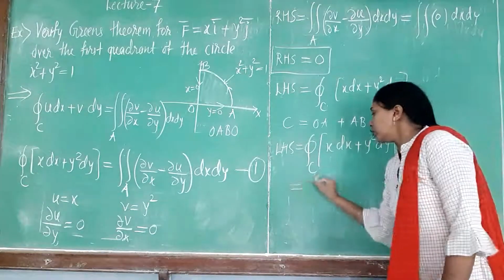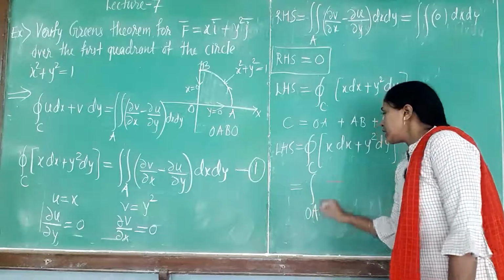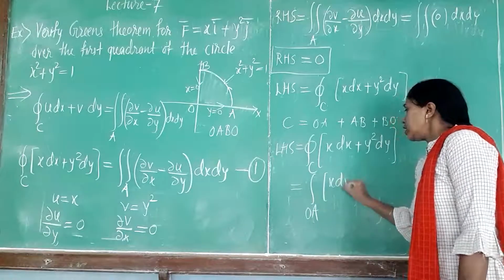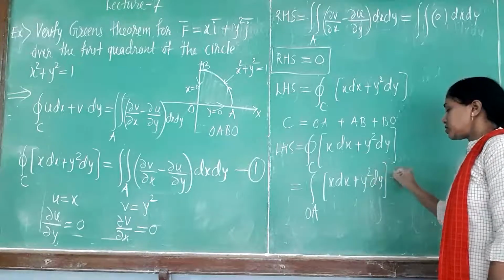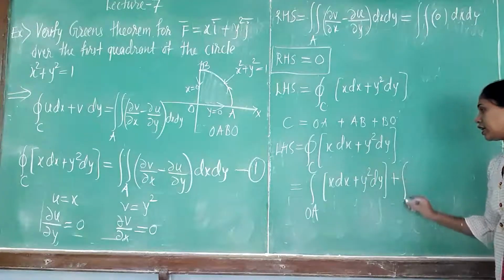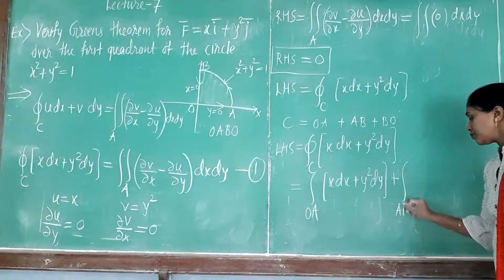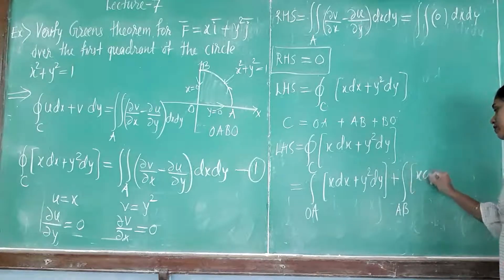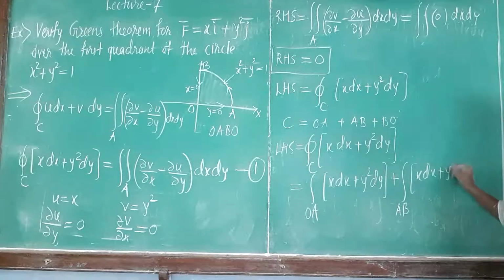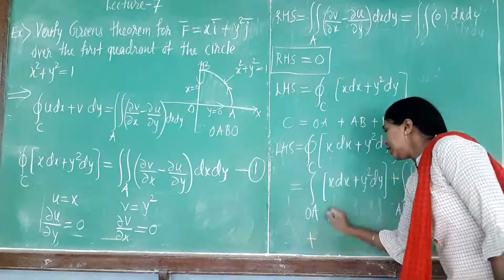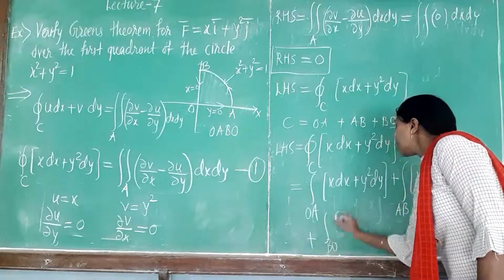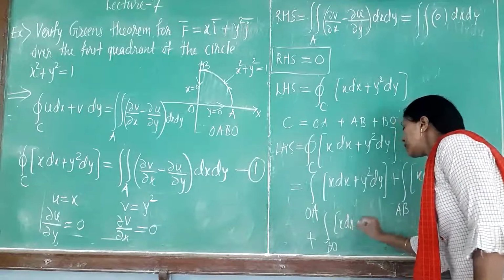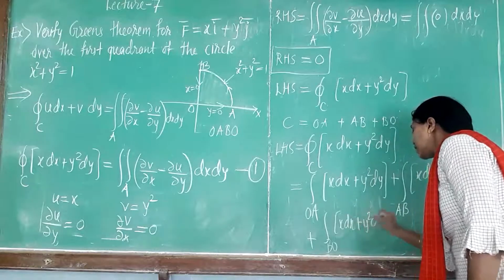It is equal to the integral over OA of x dx plus y square dy, plus the second part, the integral over AB of x dx plus y square dy, plus the third part over BO.